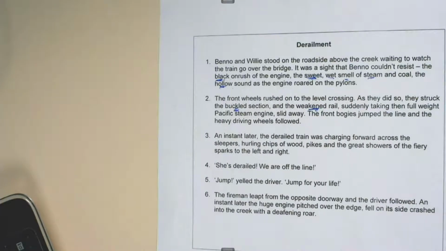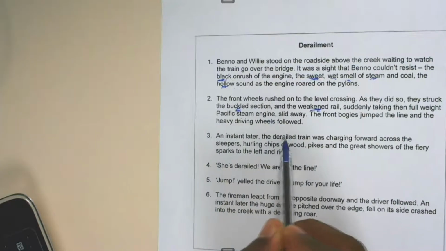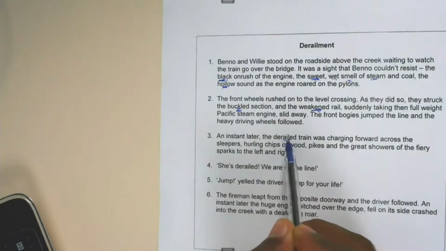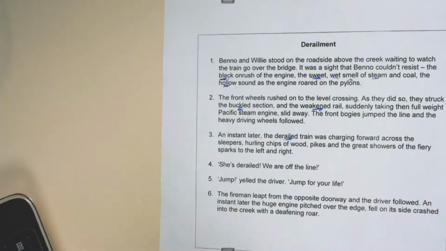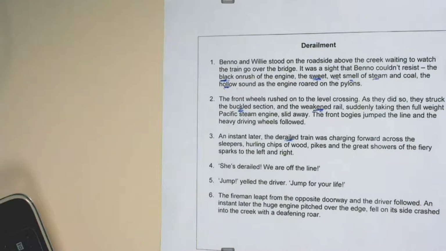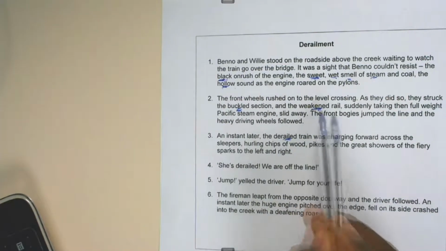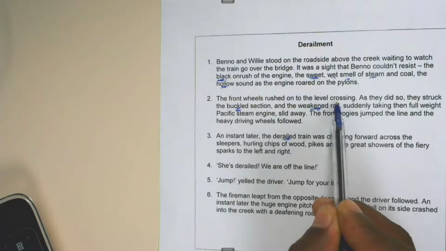And let me just try to move to another paragraph and see if I can come up with an adjective there. Derailed train. Okay, here we say derailed train. Now, you'll see the words that I'm underlining as we come to the definition of what an adjective is, because this word derailed tells us more about rail, which is a noun in this instance.